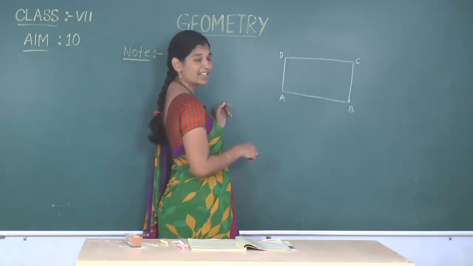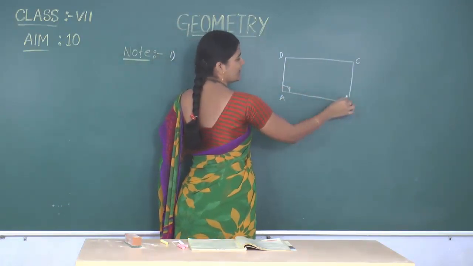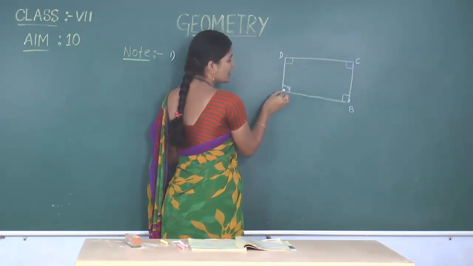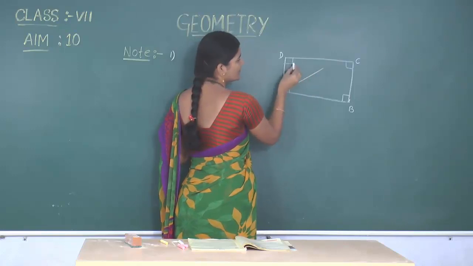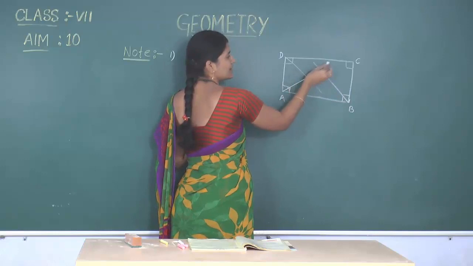Take the angular bisectors, and here it is A, and it is B, and it is C, and it is D. Now take the angular bisectors of all, like this.